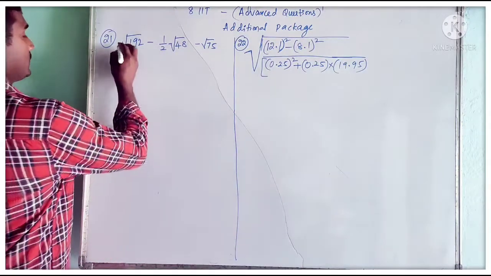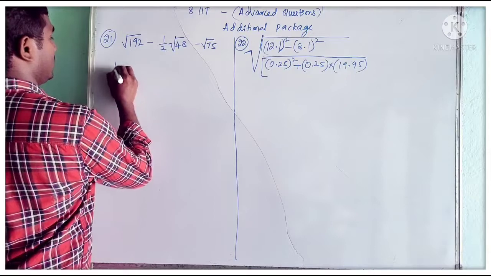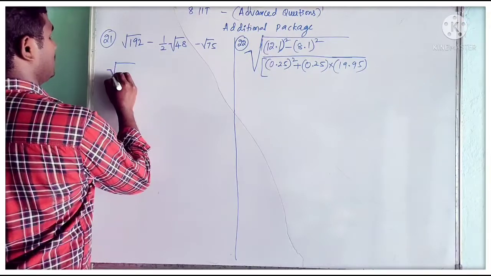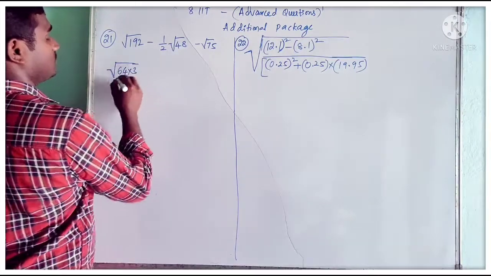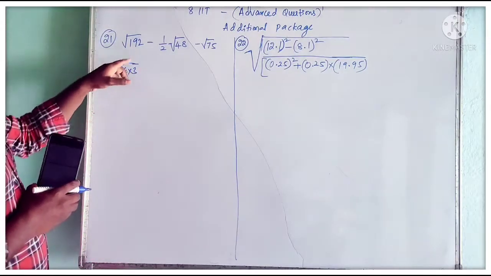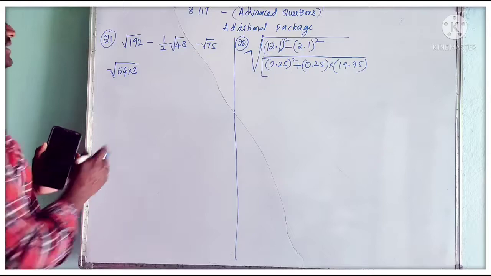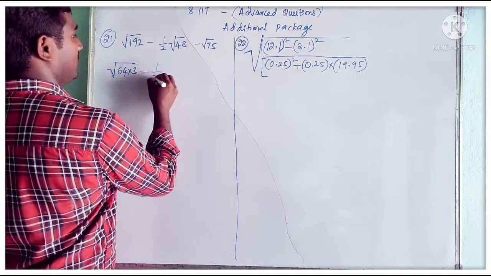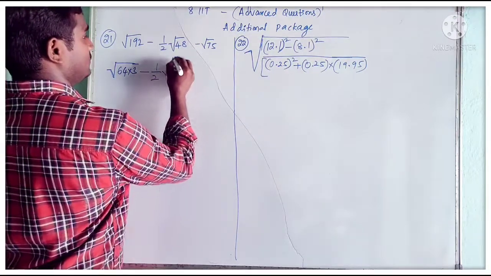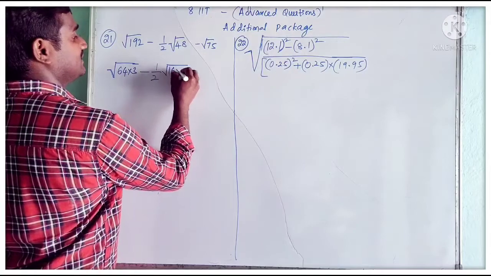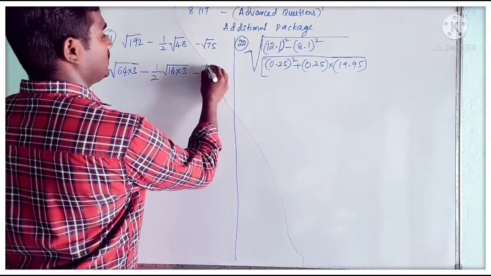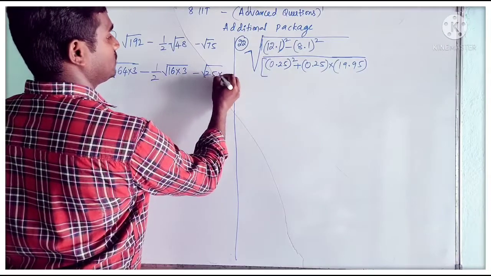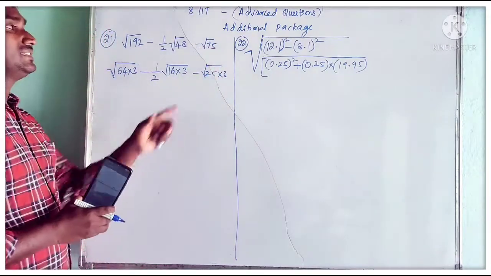Square root of 192 I am writing as 64 into 3, minus 1 by 2 square root of 48, which I am writing as 16 into 3, 16 3s are 48, minus square root of 25 into 3, 25 into 3 is 75.